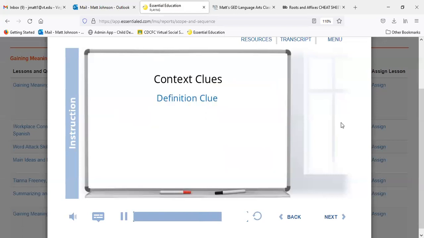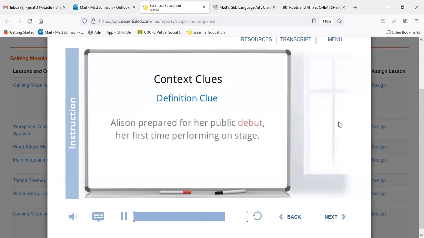Last but not least is the definition clue. A definition clue is when the text gives you the meaning of the word with or without using signal words. Look here. Allison prepared for her public debut, her first time performing on stage. So here's the word debut, followed by a comma, then the definition clue.